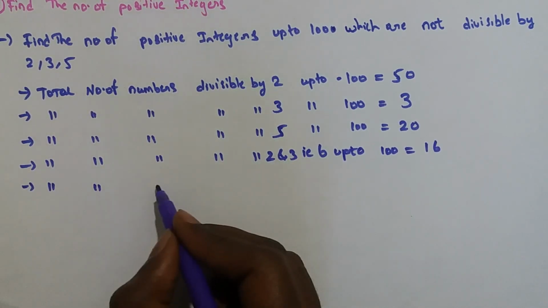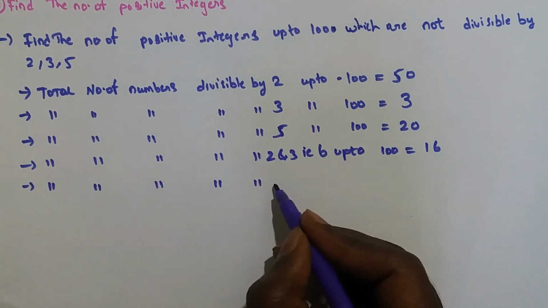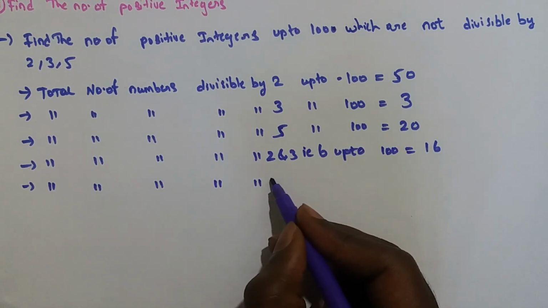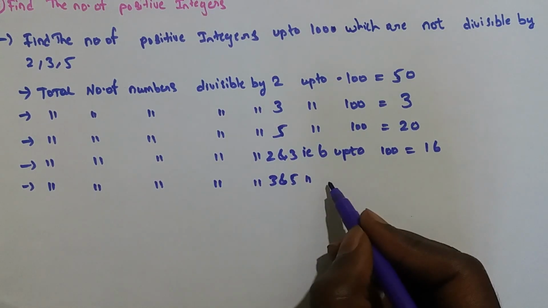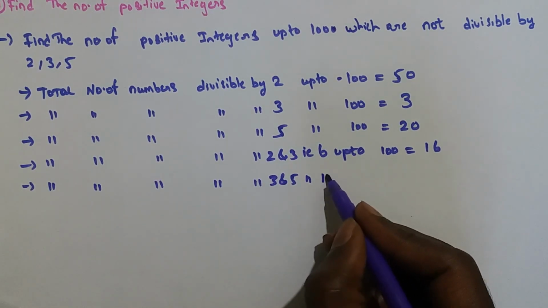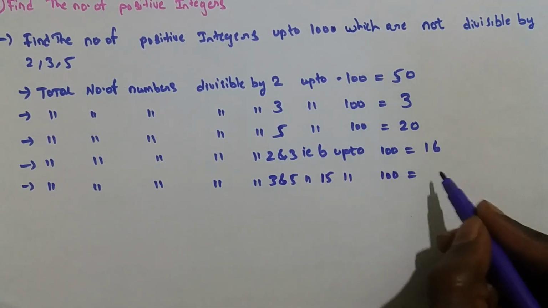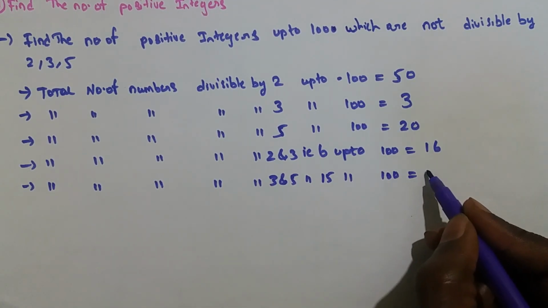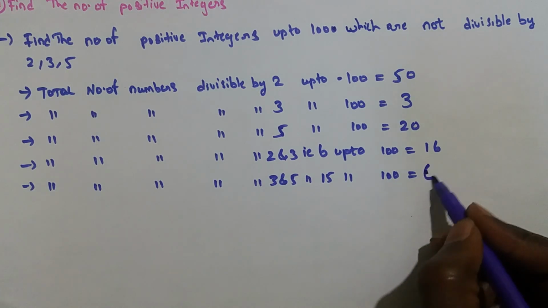Total number of numbers divisible by 3 and 5, that is 15, up to 100 is equal to 6.